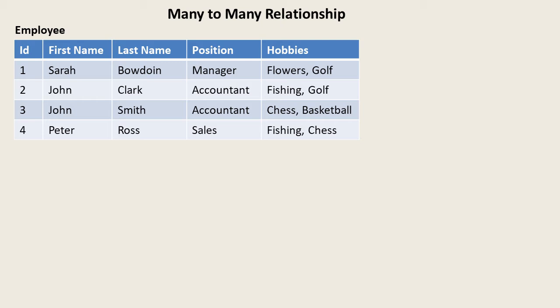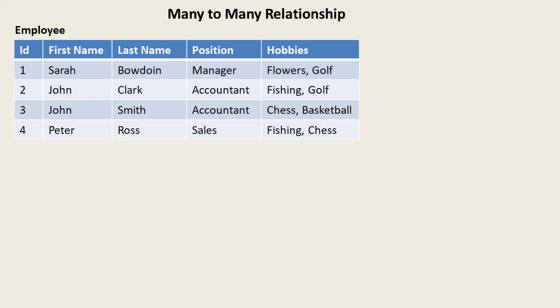As you may see, the situation is a little bit different from the previous example. The previous example was when we were storing pets for employees. That was an example of a one-to-many relationship, because there was one employee and many pets which could belong to him or her. This time it's a little bit different, because one employee can have many hobbies.